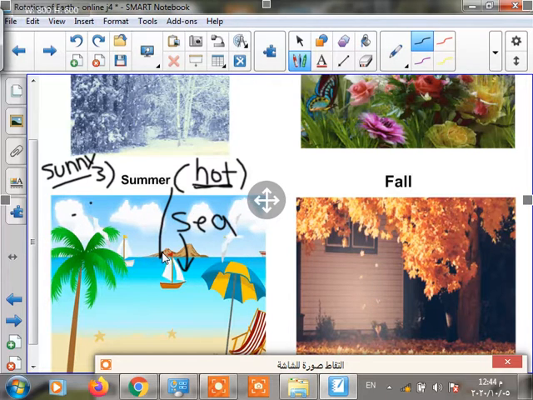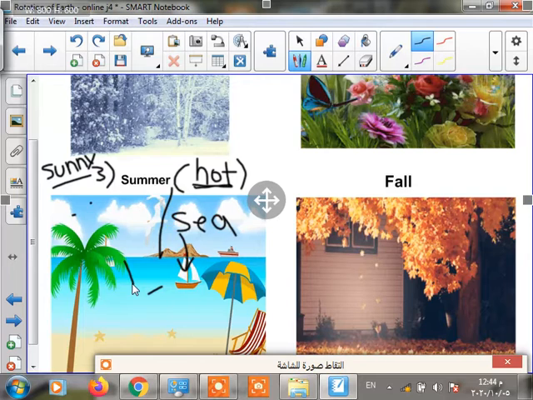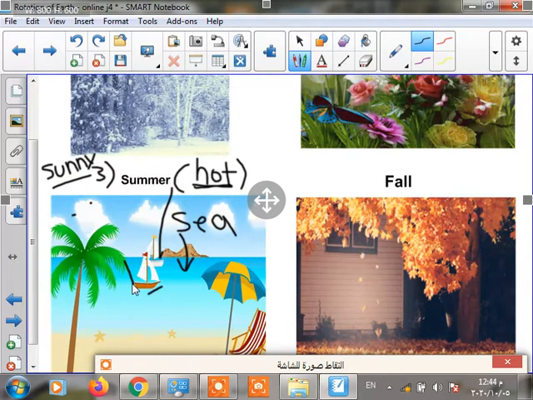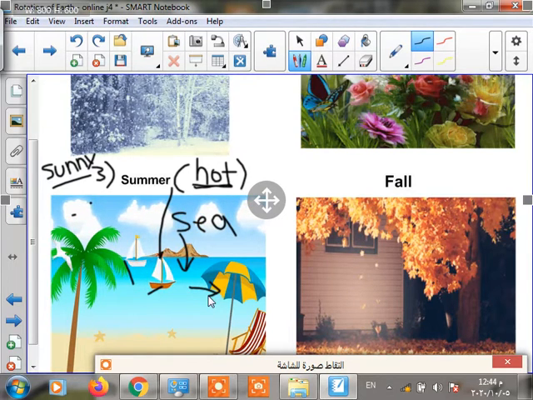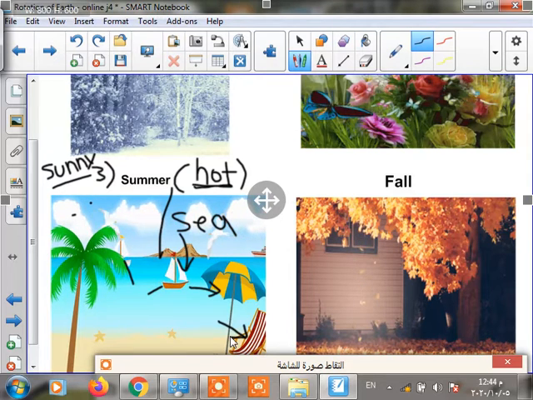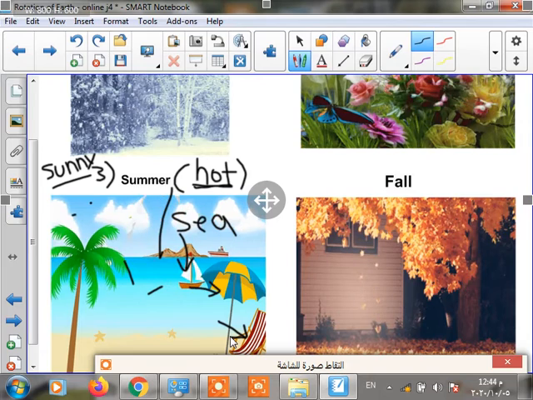We also see ships sailing in the sea as we look at this picture. Here is an umbrella, and here is a sea chair, to sit on the shore of the sea.